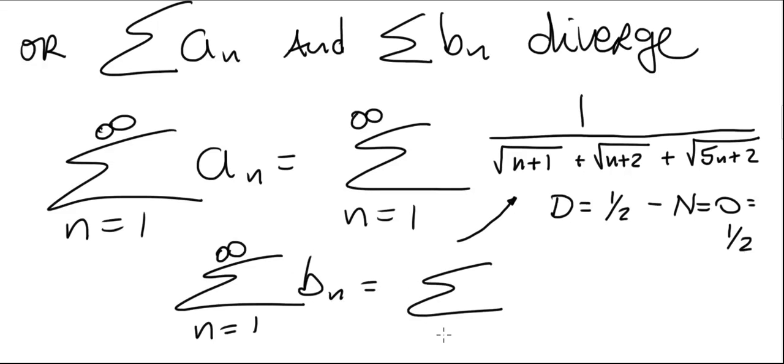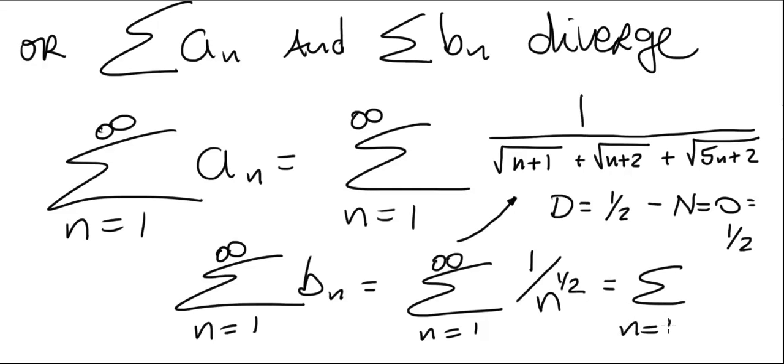We'll pick it as the simplest possible series, so that the difference in the highest power of n of denominator minus numerator is 1/2, and of course that series is summation n equals 1 to infinity of 1 divided by n to the 1/2 power, which is the same as the summation n equals 1 to infinity of 1 divided by the square root of n.